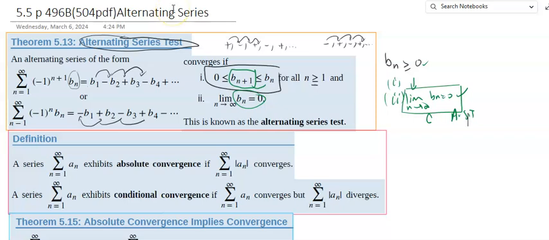Otherwise, it diverges. So I have a series that's alternating. I look at the term that's not alternating. If that is positive, number 1. 2, it's decreasing. 3, the limit of that sequence part is 0. Then we say the series is converging by the alternating series test. So that's what the test is all about.